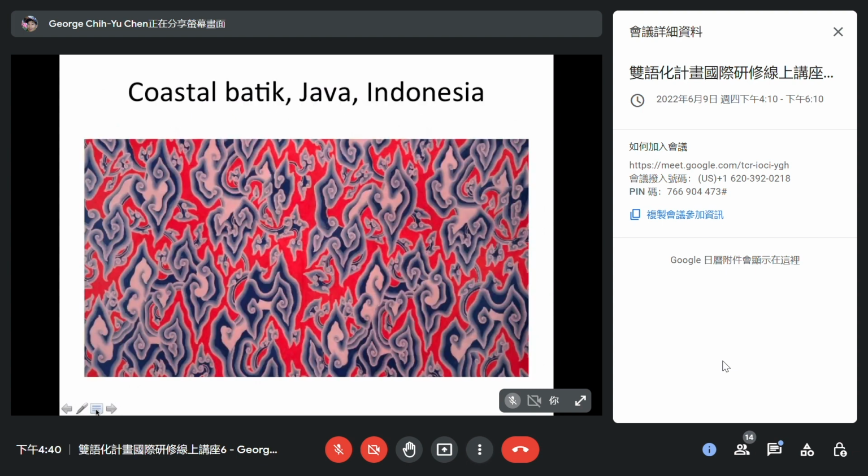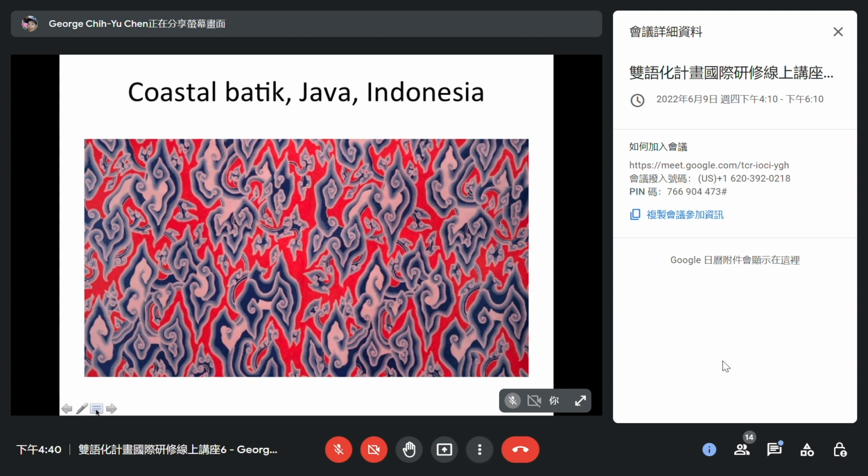So here we have an example of coastal batik from Java, Indonesia. You can take a moment to look at the motif and see if you can identify if there's any foreign motif. Personally, I think the motif is the blue one, the blue motif.